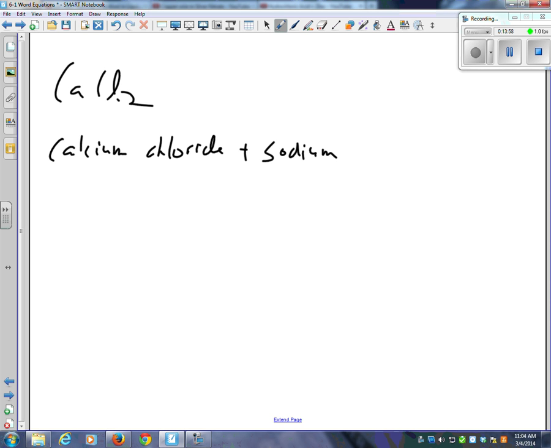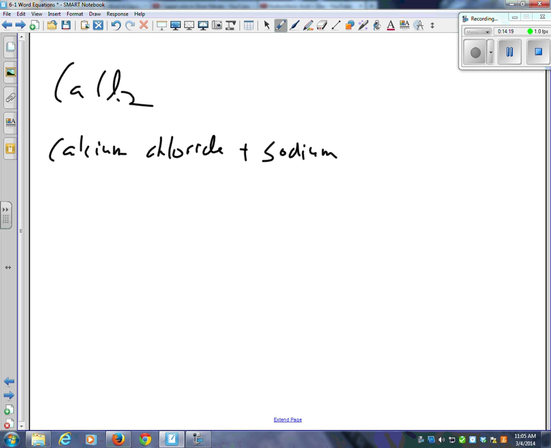Now, how do we find out what SO4 is? We didn't talk about polyatomic ions before, so I'm going to have to find that chart for you. But there should be a whole list of them on page 196. Flip to page 196. Polyatomic ions.